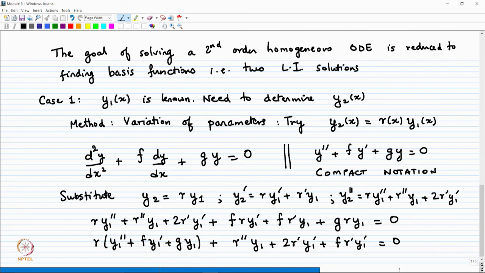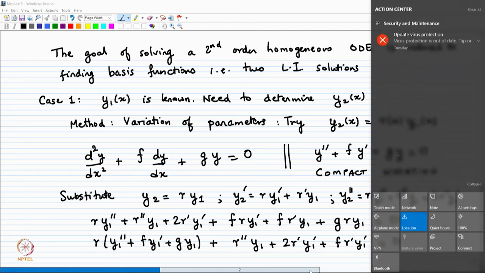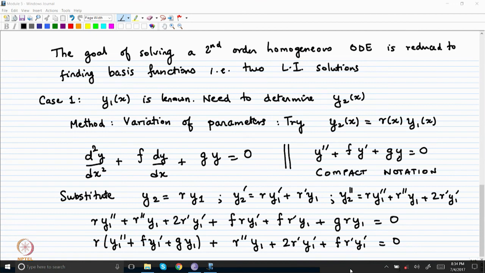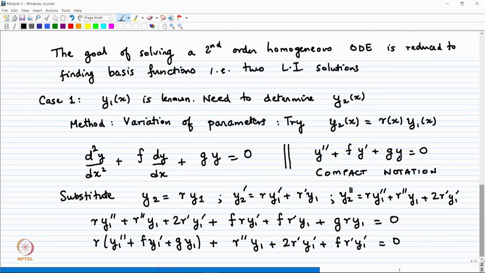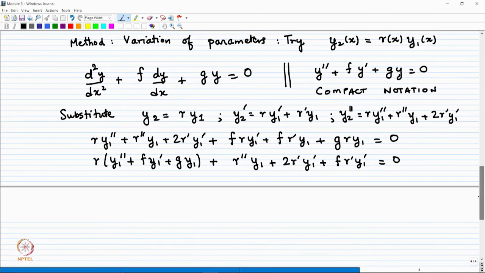Since y1 satisfies the differential equation, the term proportional to r is equal to 0.